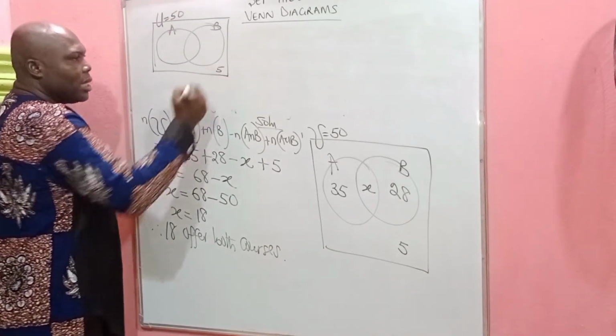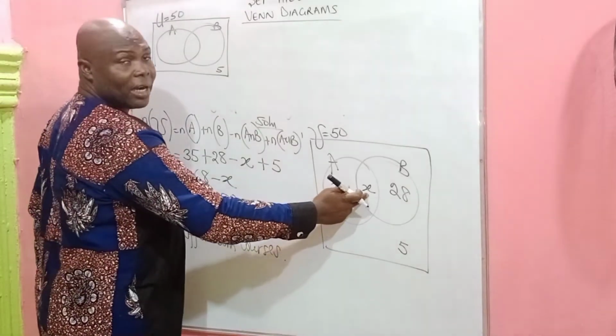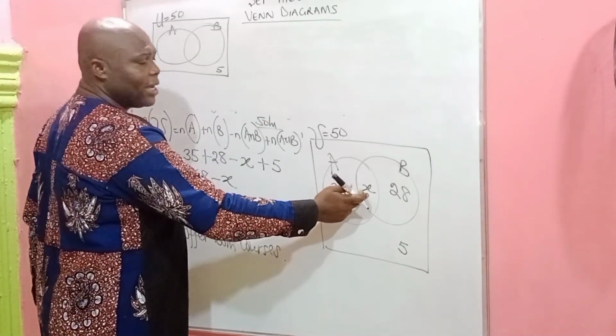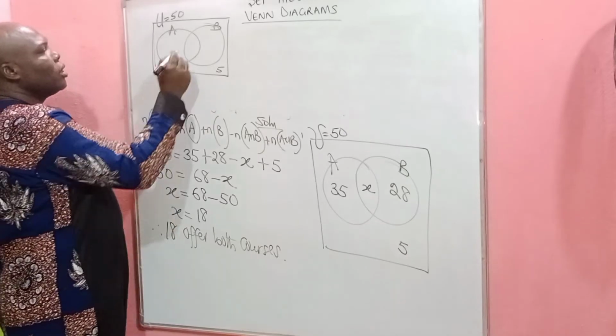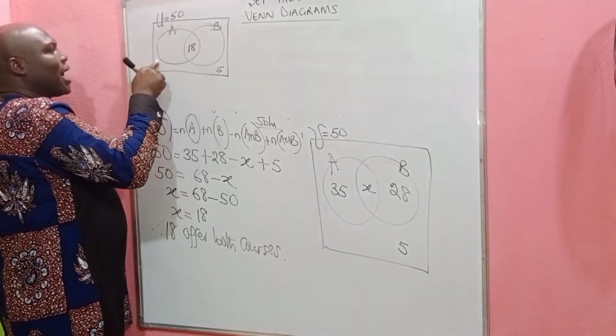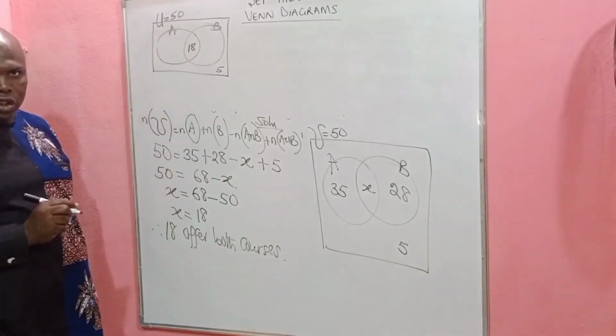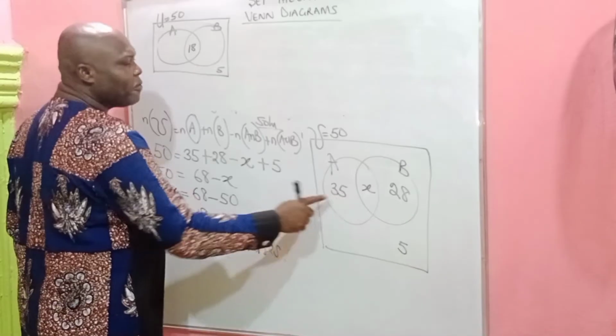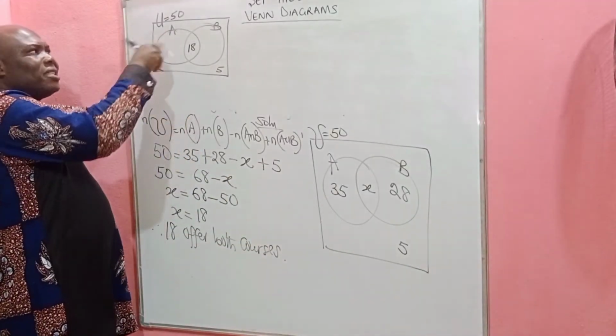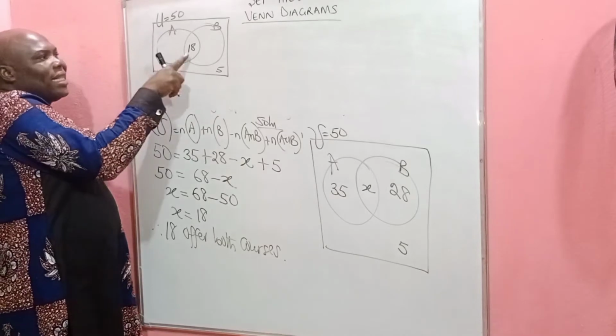Now let's begin. We've been able to find the value of X, which is 18. So that means 18 offer both accounts and biology. Now they say 35 offer accounts. But out of that 35 that offer accounts, note that 18 also attend biology class.